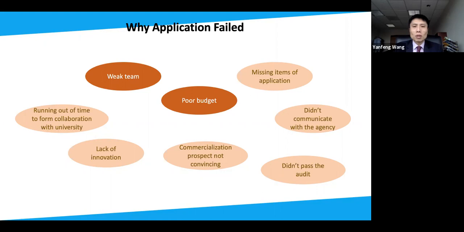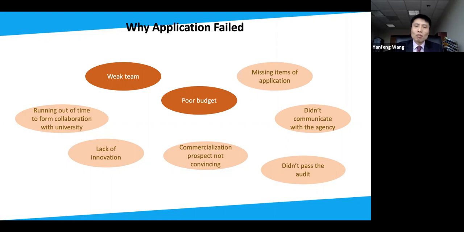I had the opportunity to talk to some project managers of agencies who cover SBIR and STTR, and these are the reasons that came up. The top reason they keep mentioning is that the team in the proposal is not strong enough. So again, I emphasize you need to build a very strong team to impress the reviewer.